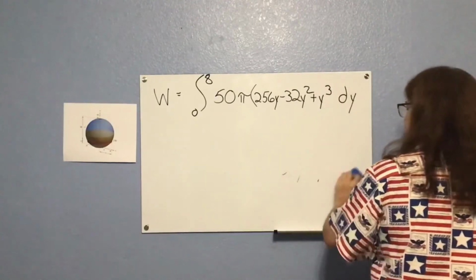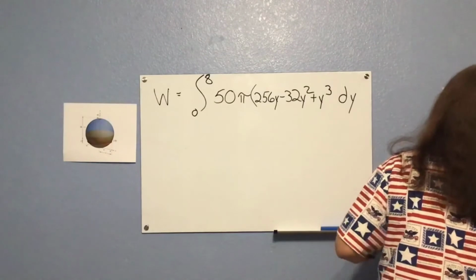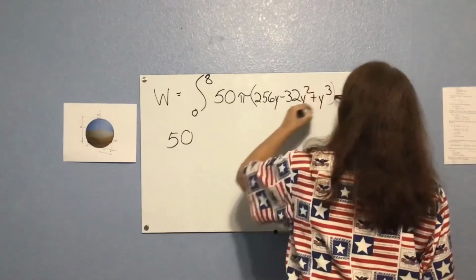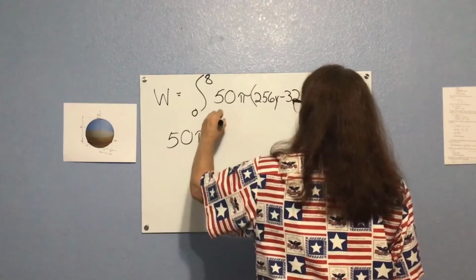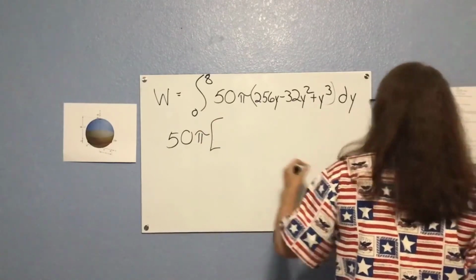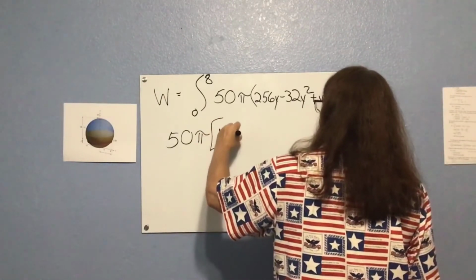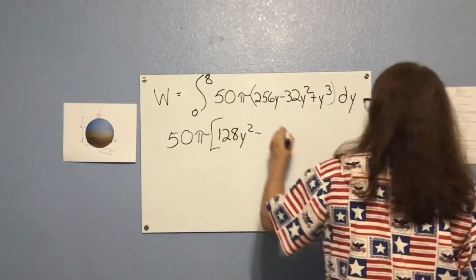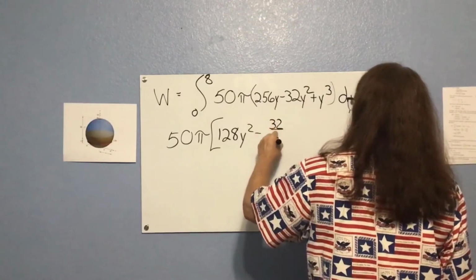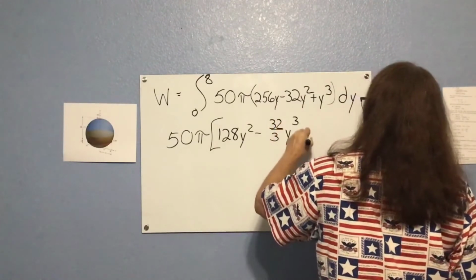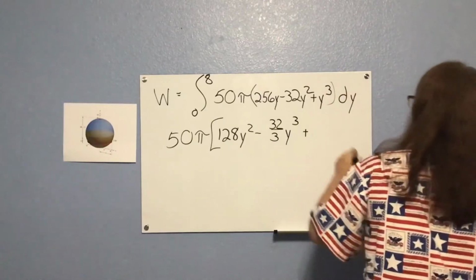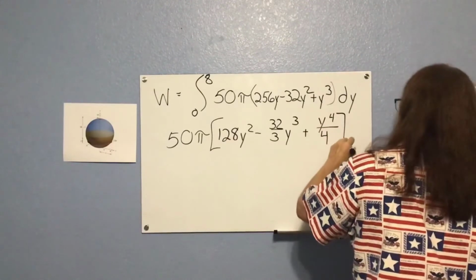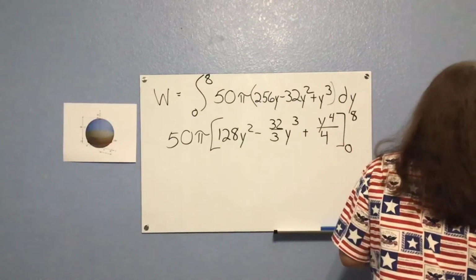Okay, the 50 pi is a constant, so I'm going to take that outside and integrate everything else. Which gives me 128y squared minus 32 over 3 y cubed plus y to the 4th over 4, evaluated from 0 to 8.